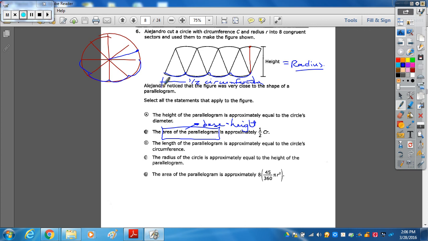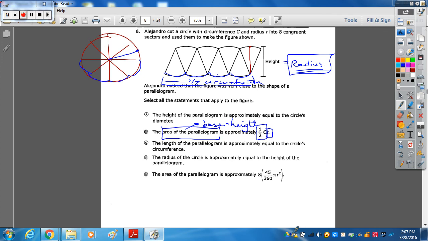Now the base would be this length here, half the circumference. The height would be the radius. Base times height. That works. Okay? The length of the parallelogram is approximately equal to the circle's circumference. Well, the length we said isn't the circle's circumference, it's half the circle's circumference. Okay, the radius of the circle is approximately equal to the height of the parallelogram, and we already proved that.